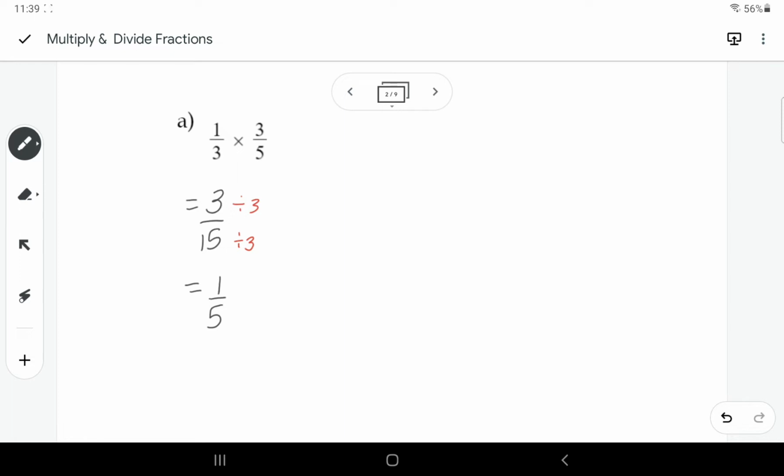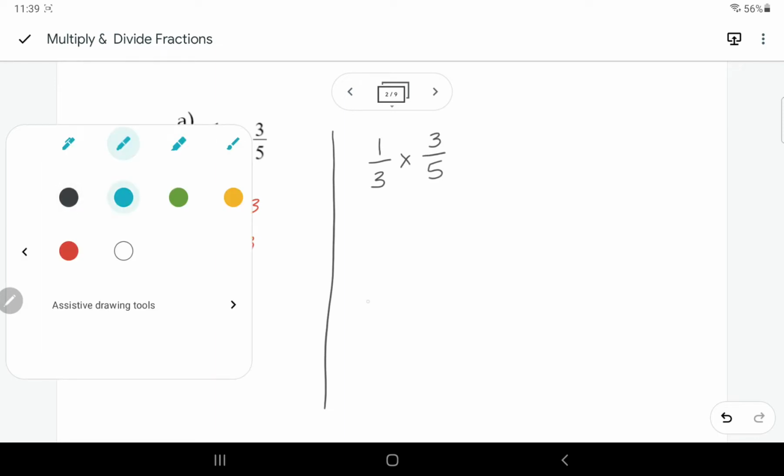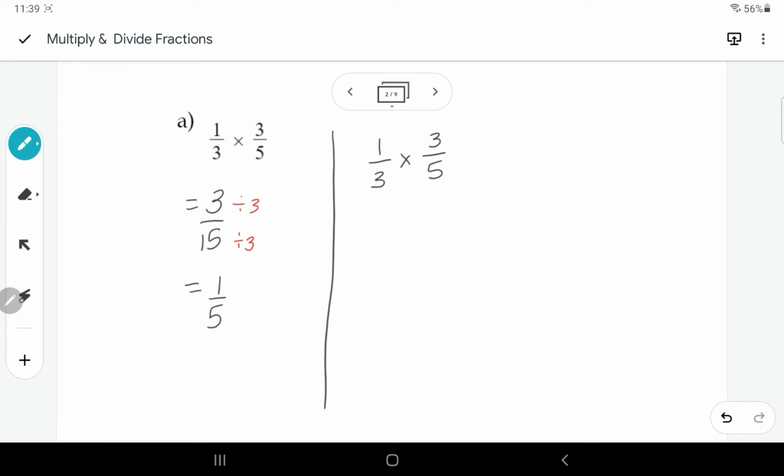Multiply the tops, multiply the bottoms, and reduce. Sometimes, however, when we use this strategy in that order, where we multiply and then reduce, we end up with really big numbers. So there's a way to reduce, if possible, before we multiply our numbers together. And I like to use a different color for this.